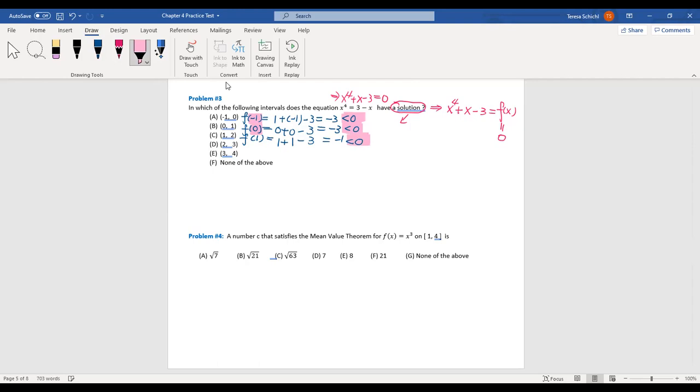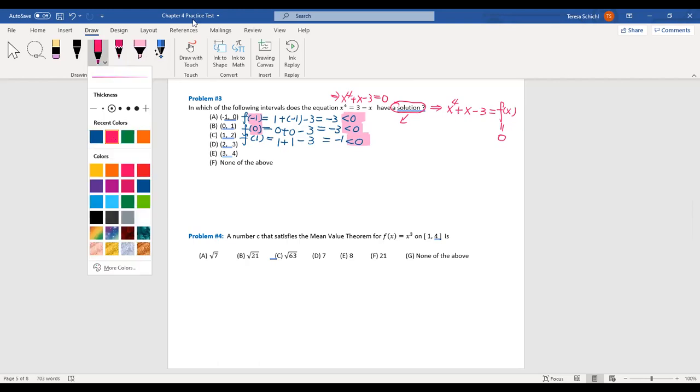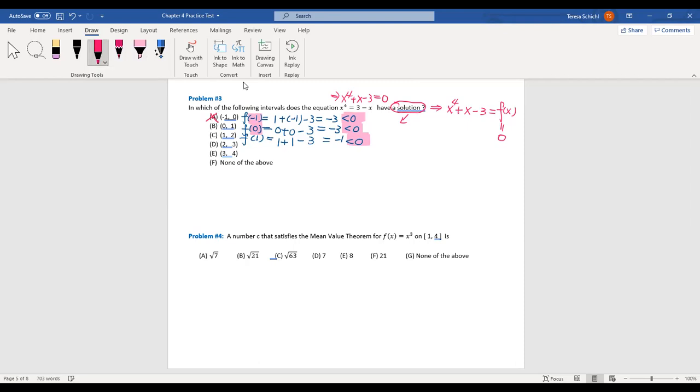From -1 to 0, they end up both negative, so I don't know if it will pass through the x-axis. So probably I don't have a solution. Then from 0 to 1, also they go from negative to negative, so I don't know if this will have a solution.